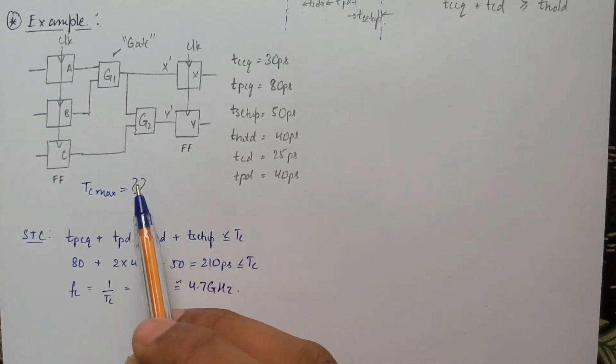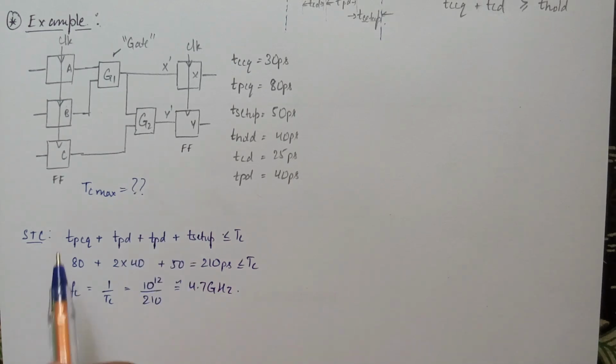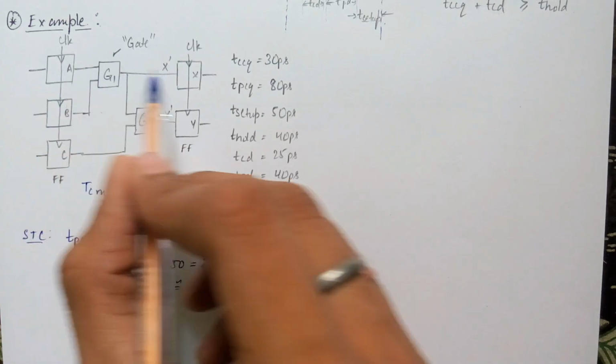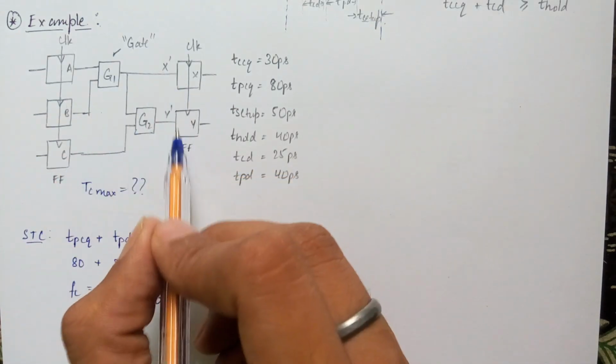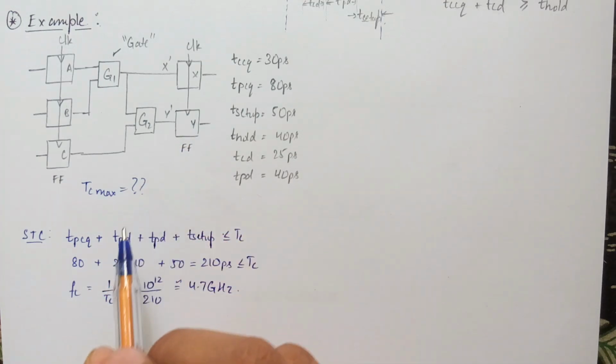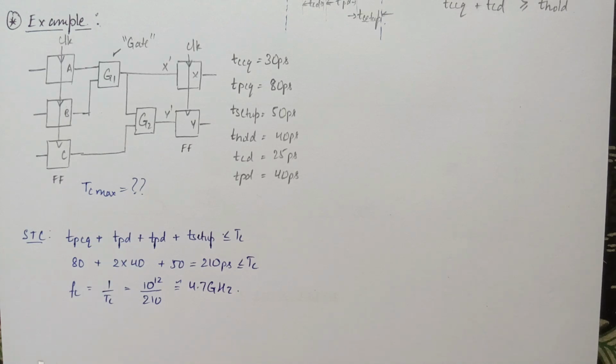Next, let us check whether hold time violations occur or not. For this, consider the shortest path, that is from A to X dash, or B to X dash, or C to Y dash. All three paths have the shortest path between the flip-flops. Let's say we consider B to X dash.